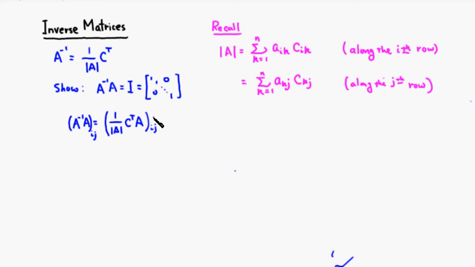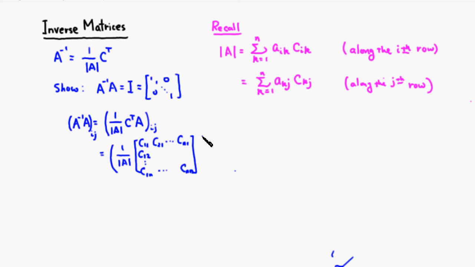All right, so let's write it out. It's 1 over determinant of A, and the cofactor matrix looks like this. It's a transpose, so it's going to be C11, C21, and so on, CN1, and C12, and so on, C1N, CNN.